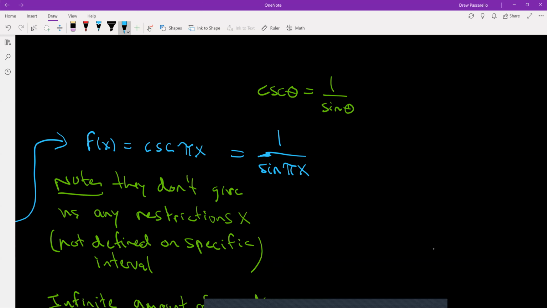Now notice the numerator is not 0, but if I want the vertical asymptote, I need to find the x values that make the denominator 0.